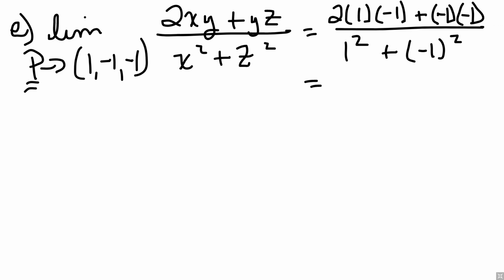Negative 1. Yeah, just 1. Oh, is it negative 1? Okay, it's negative 1. All right, and the denominator simplifies down to what? 2. So we end up with negative 1/2. Any questions?